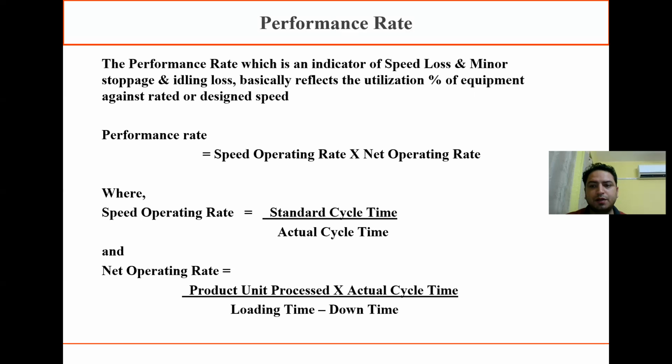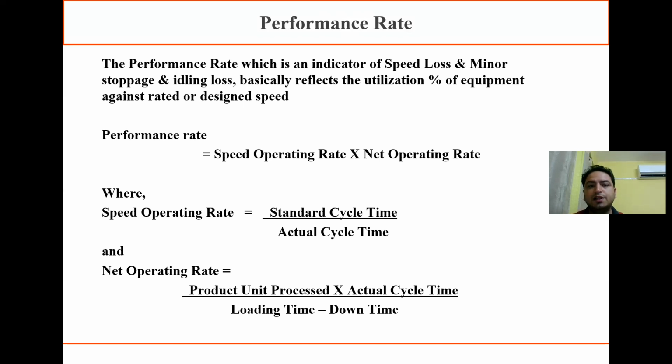Suppose some equipment has a rated or designed speed, whatever the equipment manufacturer is rating, and we compare how we are utilizing that equipment in actual condition. It shows the performance against the designed rating.